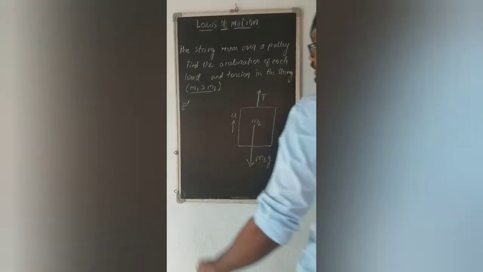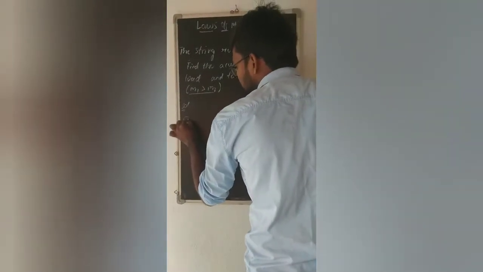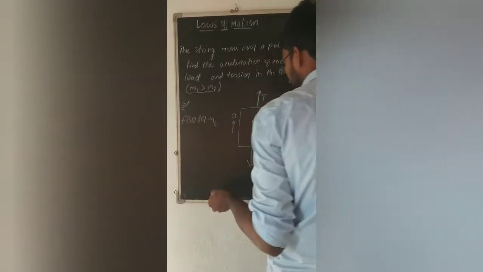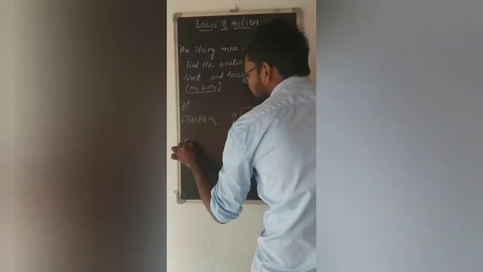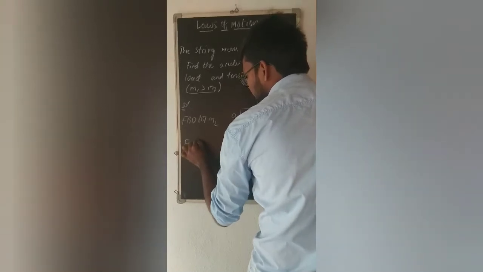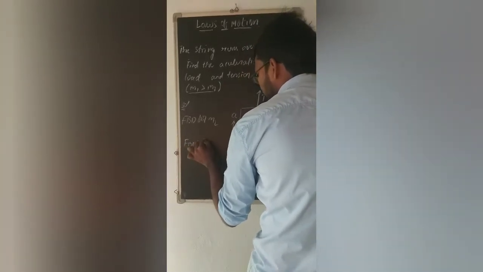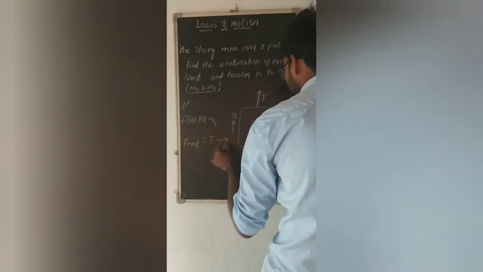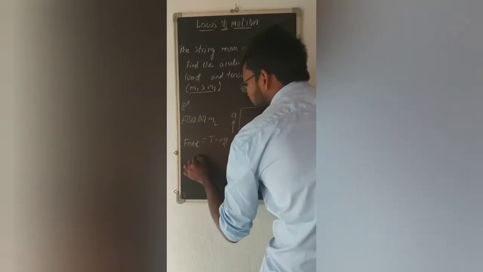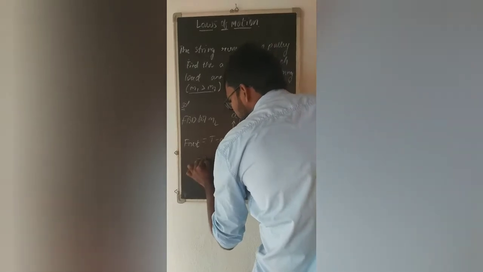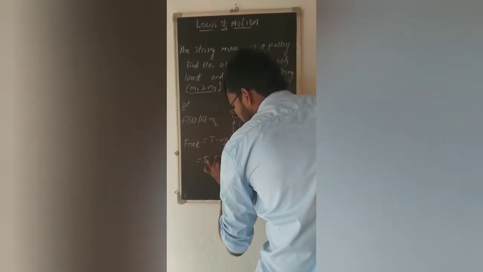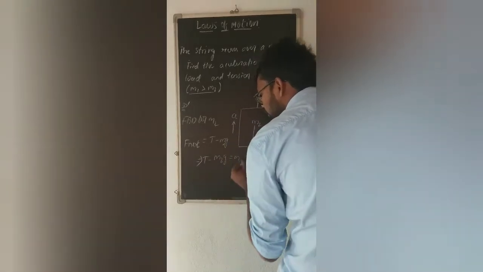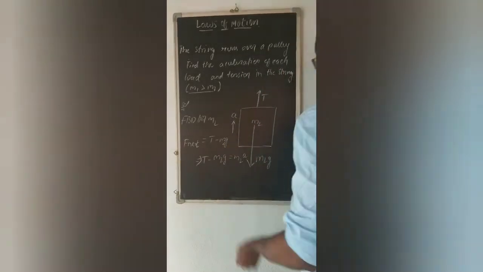Now if we draw the FBD for M2, then F net equals T minus M2G equals M2A.